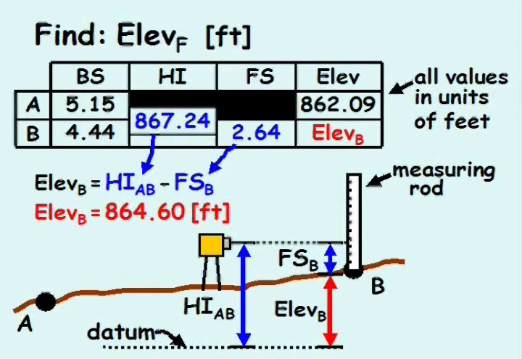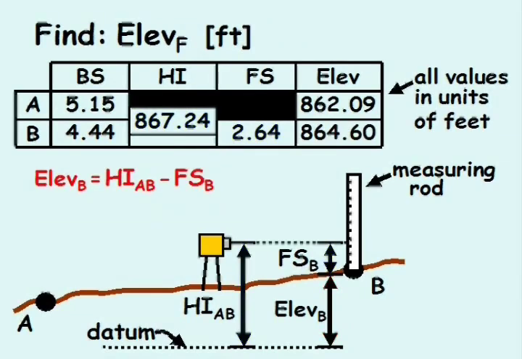Looking over our equations, the elevation at point B equals the height of the instrument minus the foresight reading.